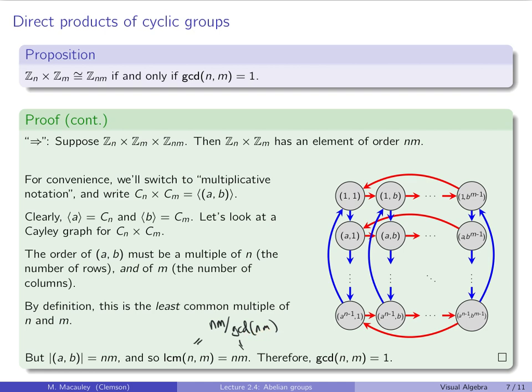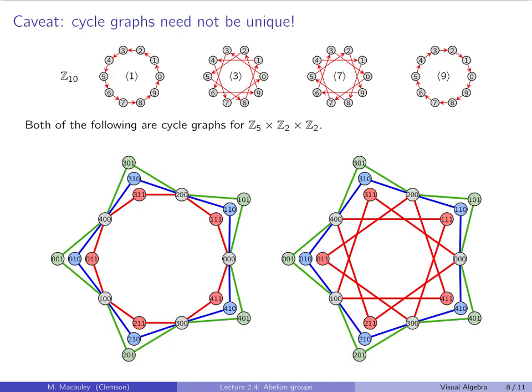At this point, I want to show you a fact that I wasn't even aware of more than a year ago. I think I got an email out of the blue about it in December 2023, and it's a really neat example to be aware of. So it's that the cycle graph of a group does not need to be unique, and I mean up to graph isomorphism, and I'll explain what I mean by that later.